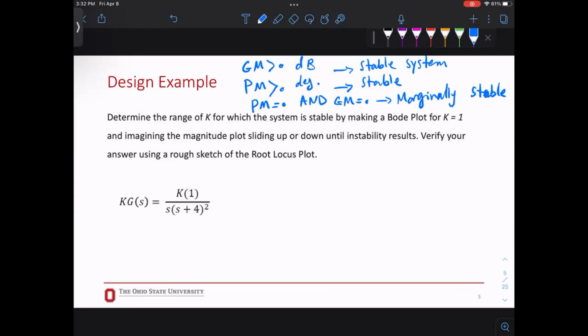So the power of S is what tells you the type of system. S to the power of 1 means you have 1 over S, one integrator in the system. I know what you're trying to say, but if you tell someone this is type 1 because it's K over S, how do they know what 1 over S means, right?